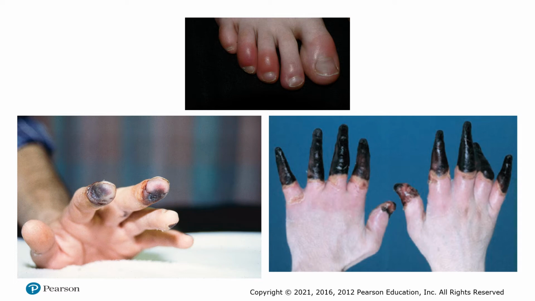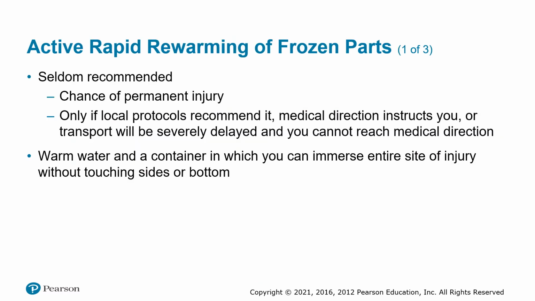Again, frostbite compared to burns would be your third degree burn or full thickness burn. Active rewarming of frozen parts is seldom recommended. We can have a chance of permanent injury. We're going to use warm water and a container in which you can rinse the entire site of the injury without touching the sides or the bottom. Again, not really recommended.